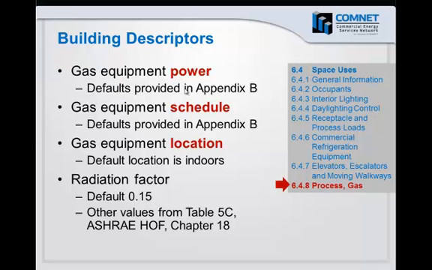And then the last one that we're going to cover today is gas use. This would be for cooking mostly in restaurants and maybe some other situations, decorative gas appliances perhaps. The building descriptors include the power, the schedule, the location of the gas equipment, which it's assumed to be indoors unless you specify otherwise, and the radiation factor, which defaults to 0.15, but other values can be used if appropriate.